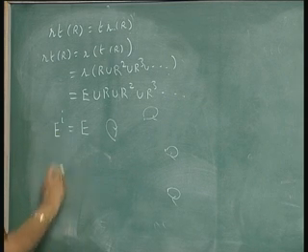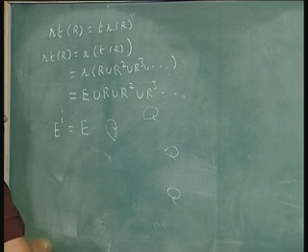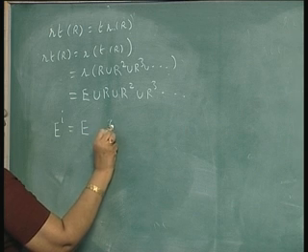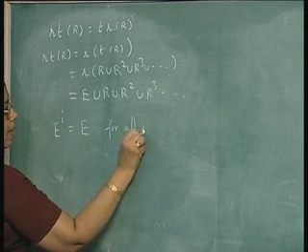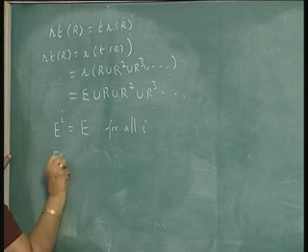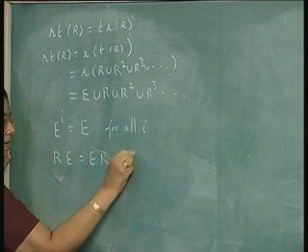So, E power i is the same as E for all i, and RE is the same as ER is the same as R.